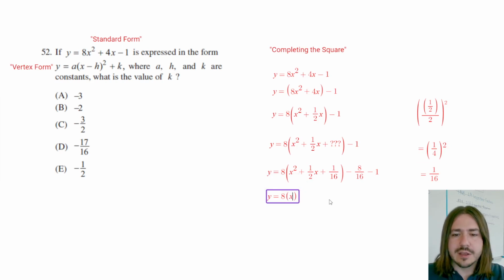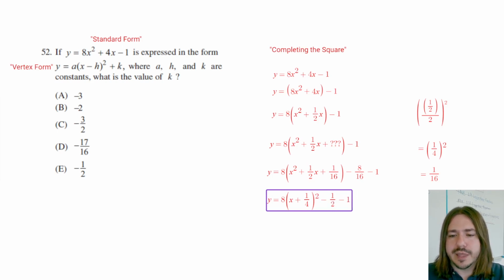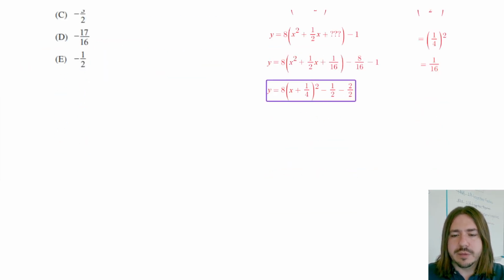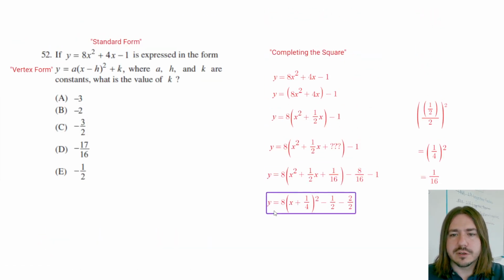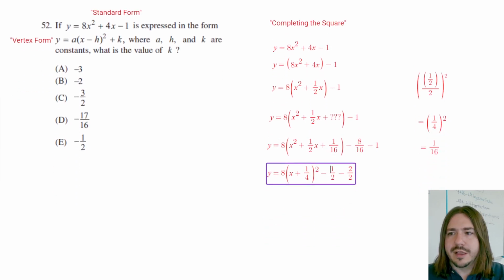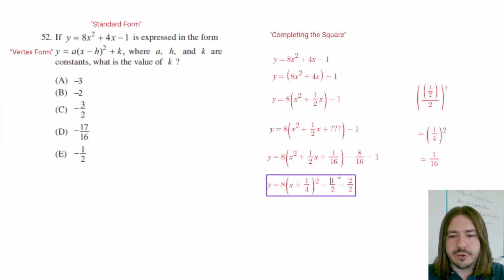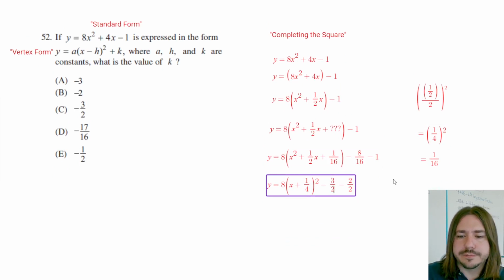So we're going to have x plus 1/4, squared, and then minus 8/16 minus 1. Minus 8/16 is really minus 1/2. If I have negative 1/2 minus 1, I can combine those. 1 is 2/2. So I get negative 1 minus 2, which is minus 3/2. So this will just be minus 3/2.